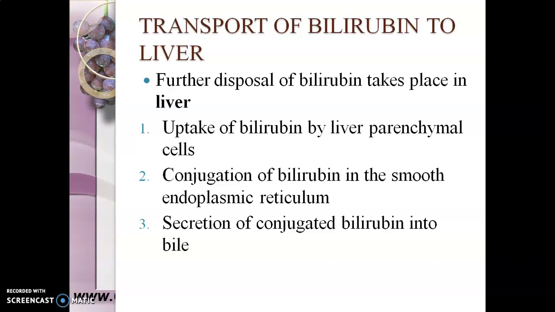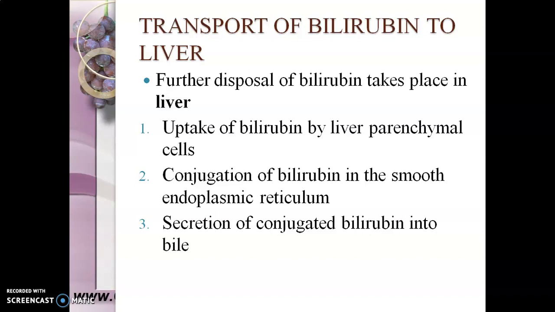To summarize, we looked into the catabolism of heme. Please know that heme is the component of hemoglobin which is present in erythrocytes, and hemoglobin is cleaved to globin and heme. The globin finally contributes to the amino acid pool, whereas heme is converted to biliverdin and bilirubin by a 2-step reaction.